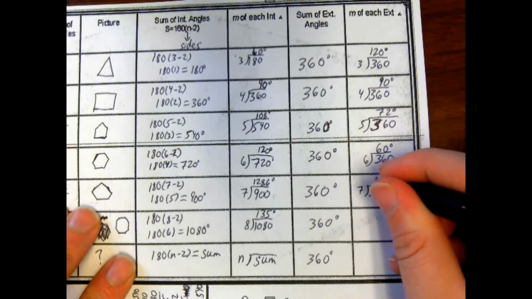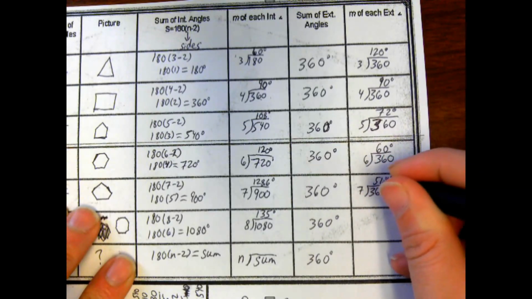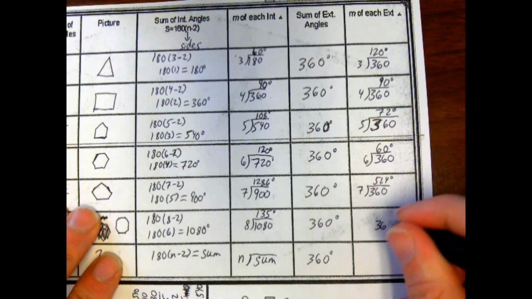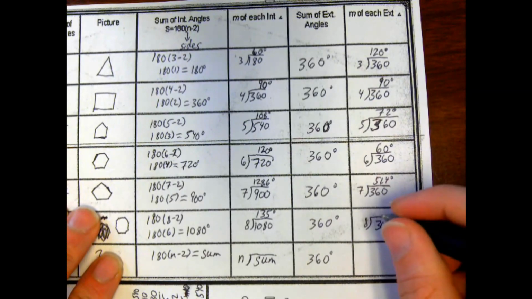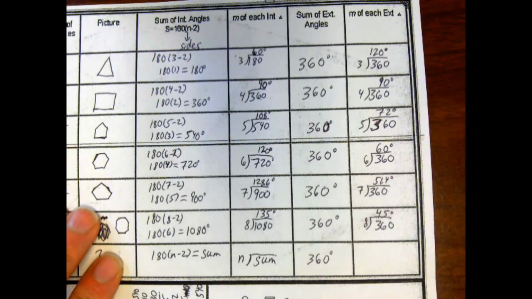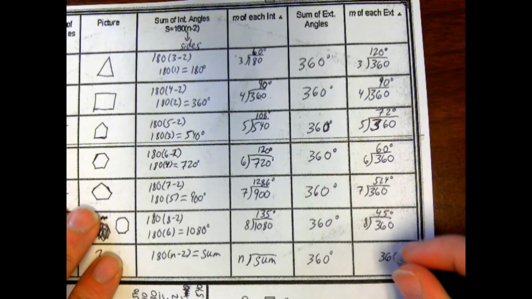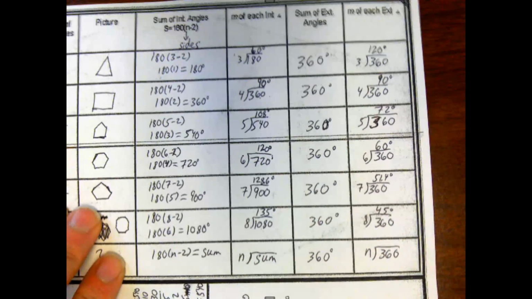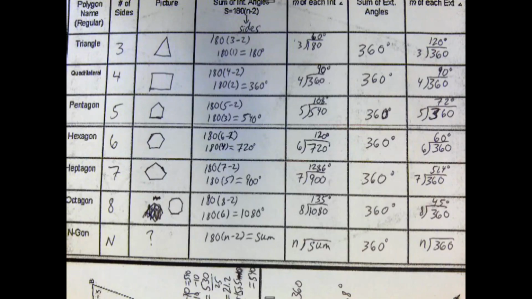This one's 51.4 degrees. 360 divided by 8 is 45 degrees. And 360 divided by whatever the number of sides is for an n-gon. Okay, there's your table. Make sure this goes straight into your notebook.